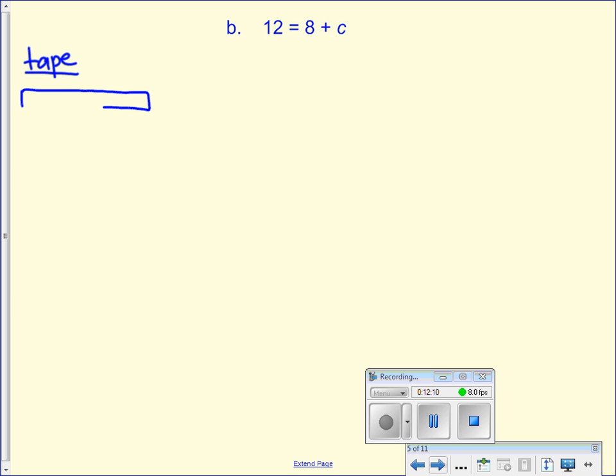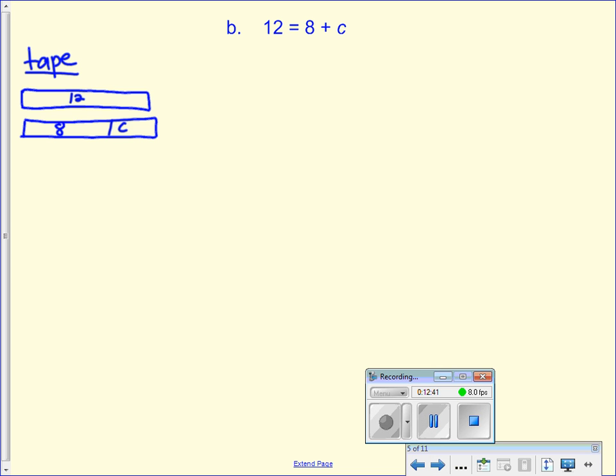So I have 12, and then I have 8 and C. I don't know if C is larger than or less than 8, so I'm just guessing when I make the C box smaller than the 8. It doesn't necessarily mean that C is less than 8. So don't use the size of the boxes as a clue as to the answer.